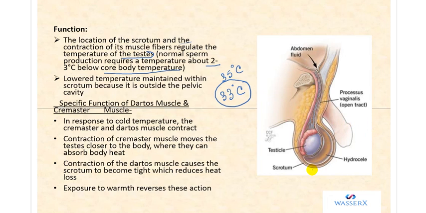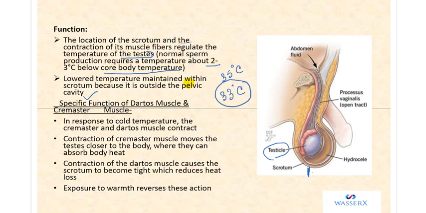This is the temperature at which the testis will be and the sperm will be produced. See here, the scrotum is very prominent, right? This is the scrotum and this is the testicle, or the testis. The lower temperature is maintained within the scrotum because it is outside the body, the pelvic cavity, and that is why the temperature is lower.